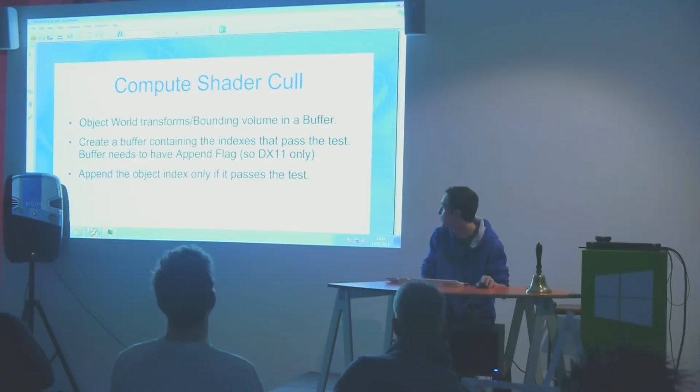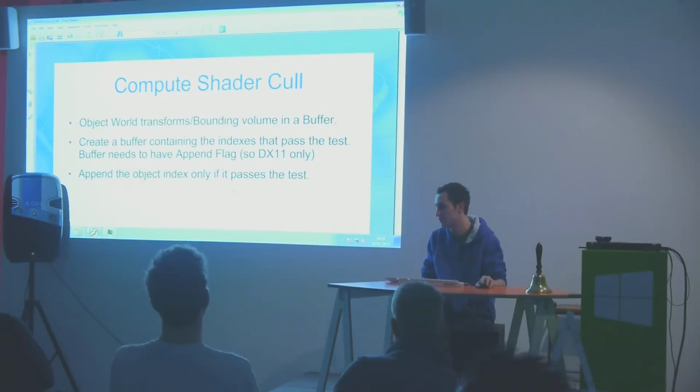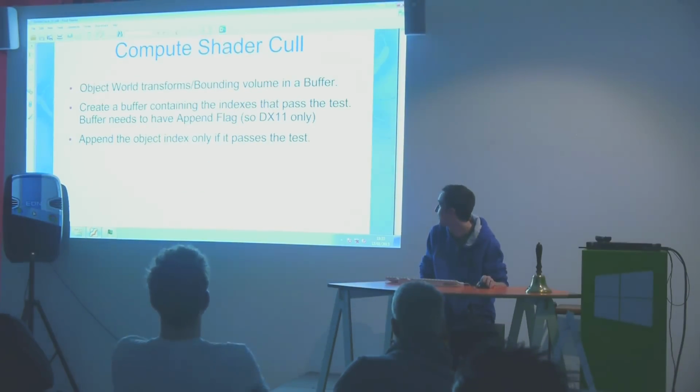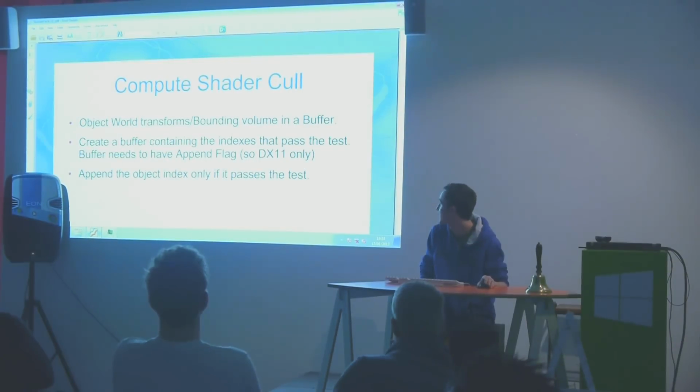So we use a compute shader, which is pretty much an amazing unit, and we create a buffer which is called an append buffer. It's just a flag basically, which means it will have an internal counter. So we just send the bounding box and the transform into the buffer. And we create a new buffer which only includes objects which pass the test.